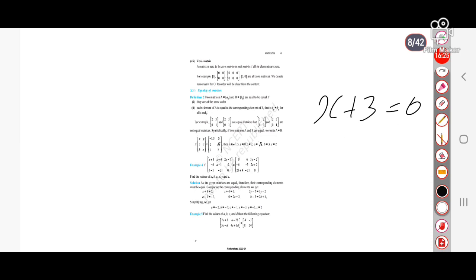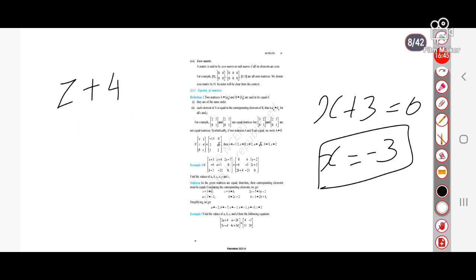So x plus 3 is equal to 0, so x is minus 3. Just mind the position, it's important. Now z plus 4 is equal to 6, obviously z is 2.